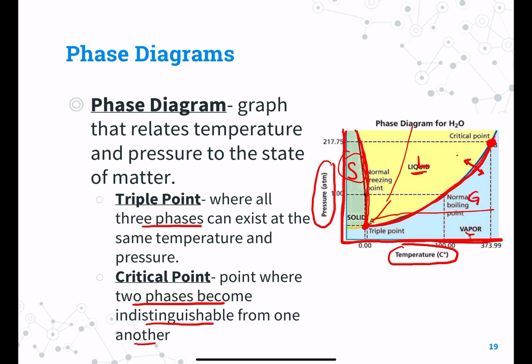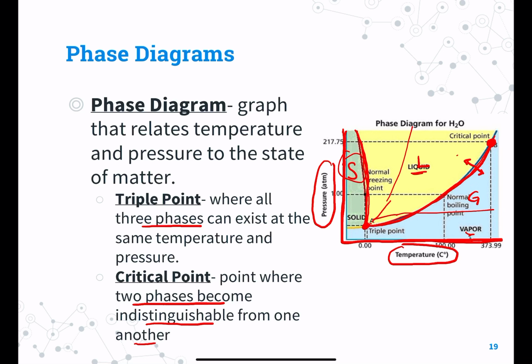Okay? Solids are all the way over here. It doesn't have anything to do with solids. But these become indistinguishable from one another, meaning it's where a liquid changes to a gas, but you can't really say for sure that it's a liquid or a gas. They're essentially one and the same.